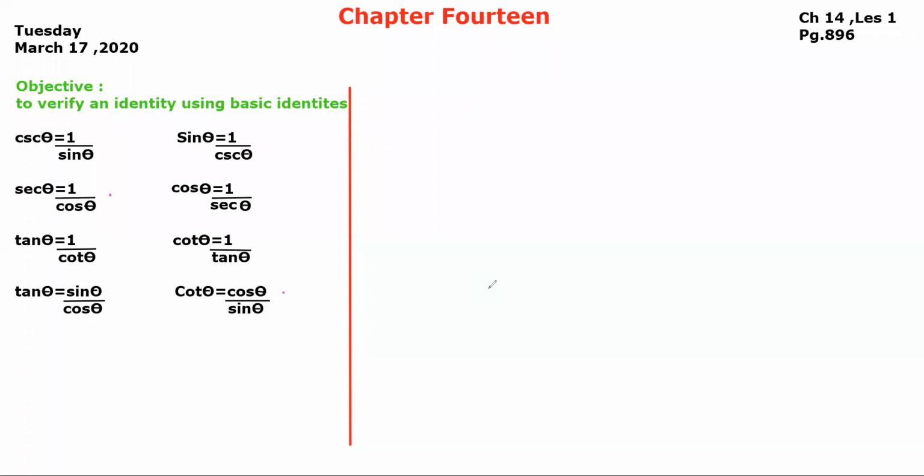Now we want to prove that sine squared of theta plus cosine squared of theta is equal to 1. I want to prove now this identity. Now going back to the unit circle that we discussed before.